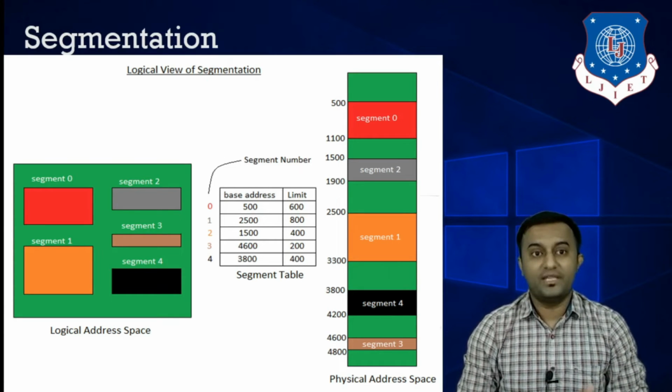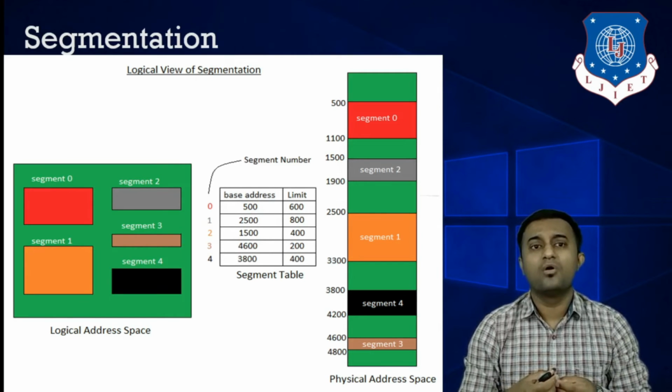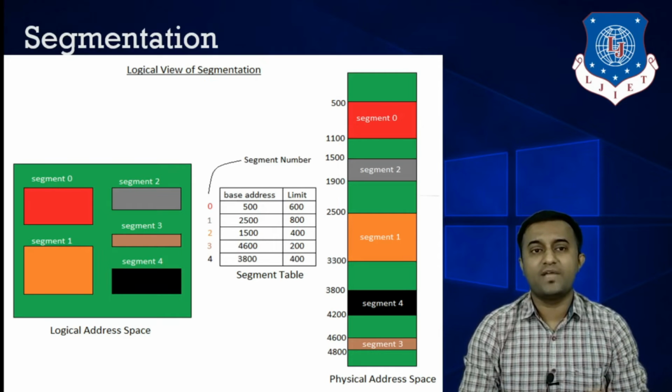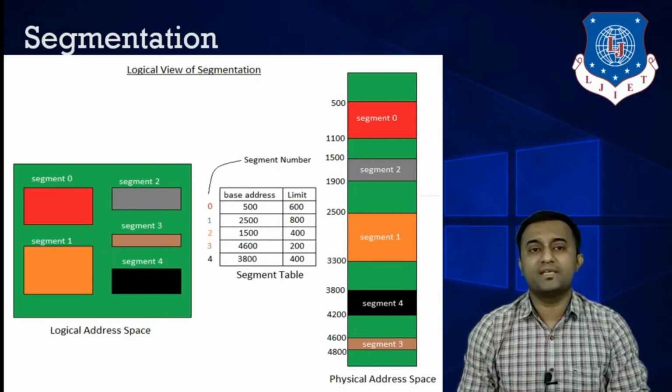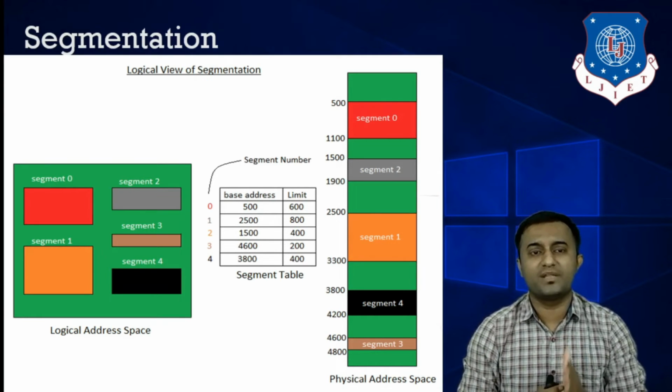We already understood what a page fault is: if the required page is not available in main memory, and we manage to get that page from the secondary memory and put it into main memory, that procedure is nothing but a page fault.